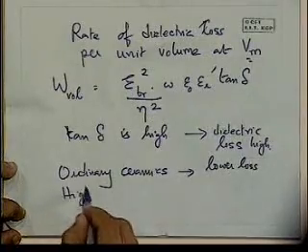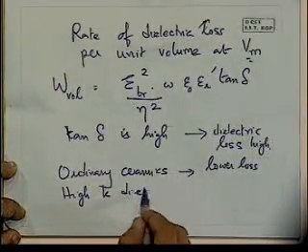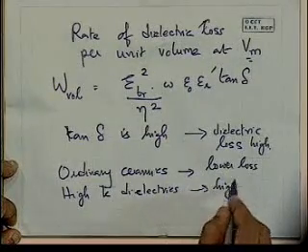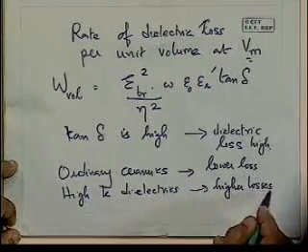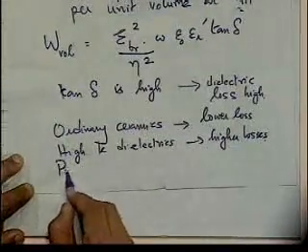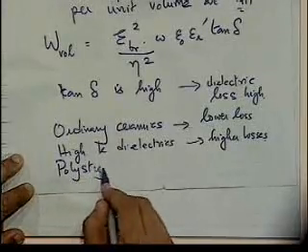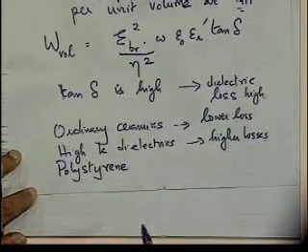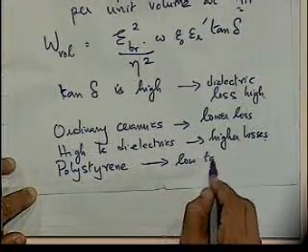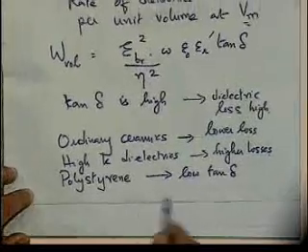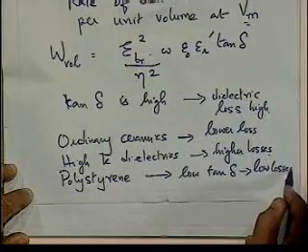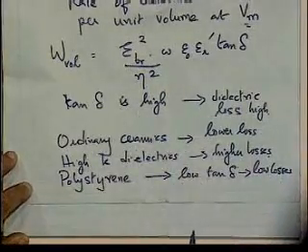The so-called high K dielectrics have other advantages, but they have got higher losses. Then among the polymers, there's something called polystyrene. It has also got low tan delta. We'll see in a second why. And so that also leads to low losses. So these are different terms that we can use to compare.